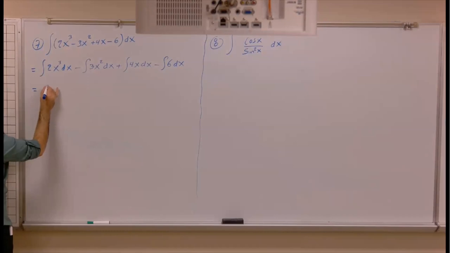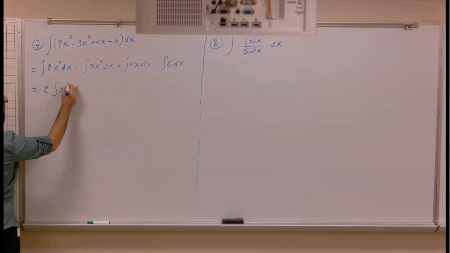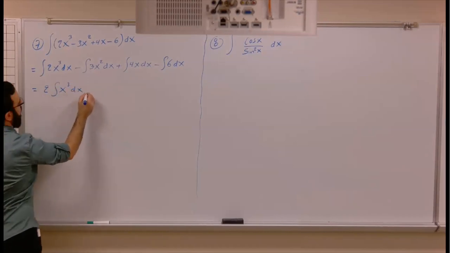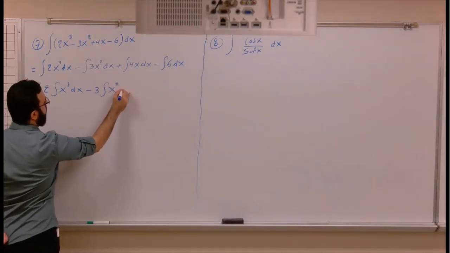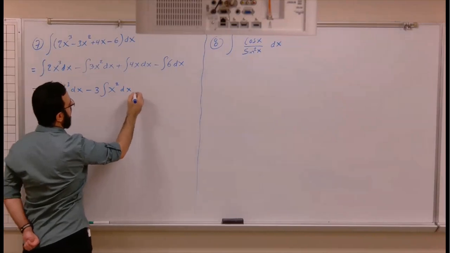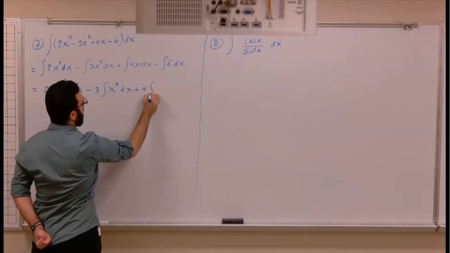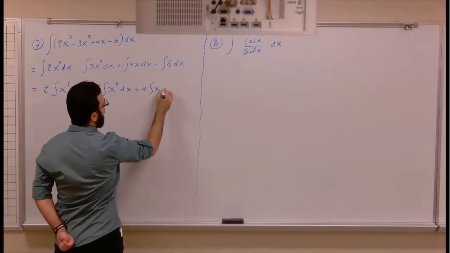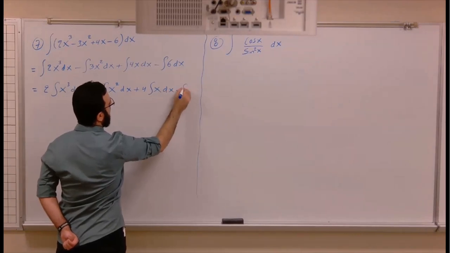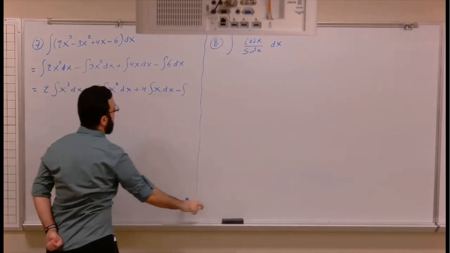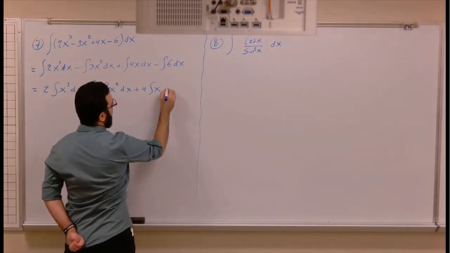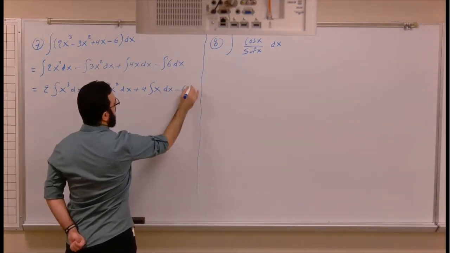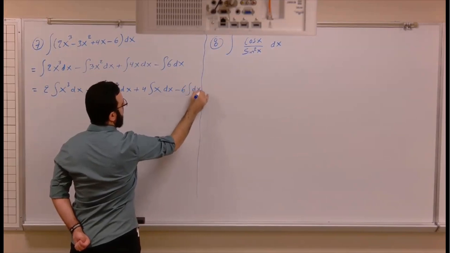That means it's going to be 2 times the integral of x cubed dx minus 3 times the integral of x squared dx plus 4 times the integral of x dx, and minus 6 times the integral of dx.